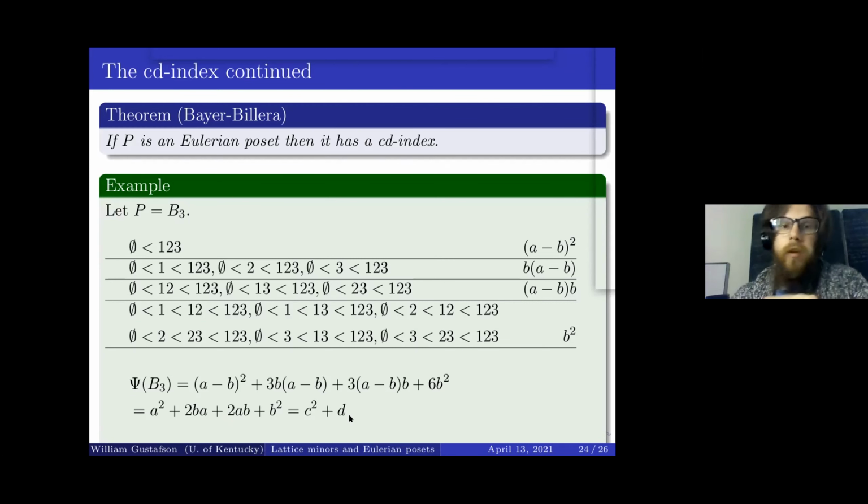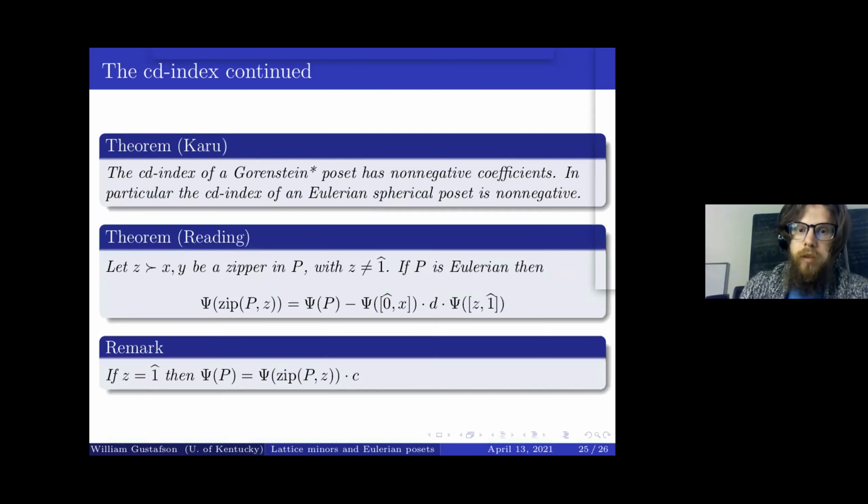Okay, so since the posets of minors of lattices are Eulerian, we know they have CD indices, and the zip construction actually gives us some inequalities. So I'll need some theorems for that. So the first one here, we have this non-negativity result of Karu's, that if you have a Gorenstein star poset, the CD index has non-negative coefficients.